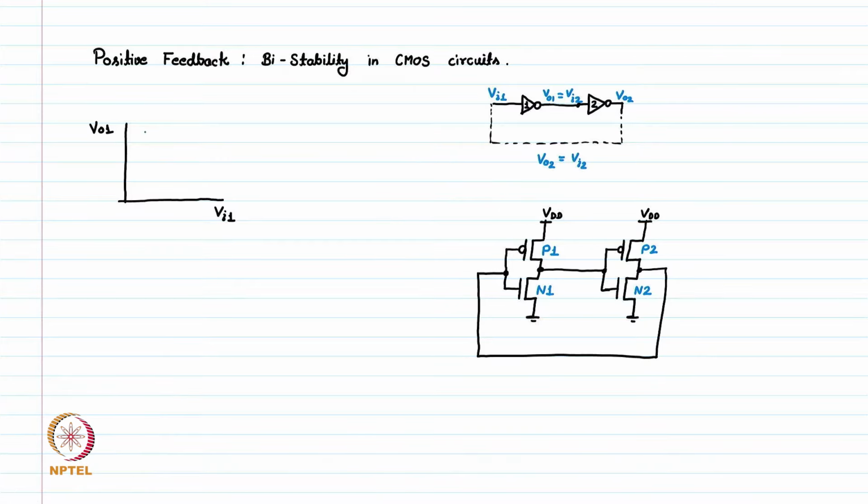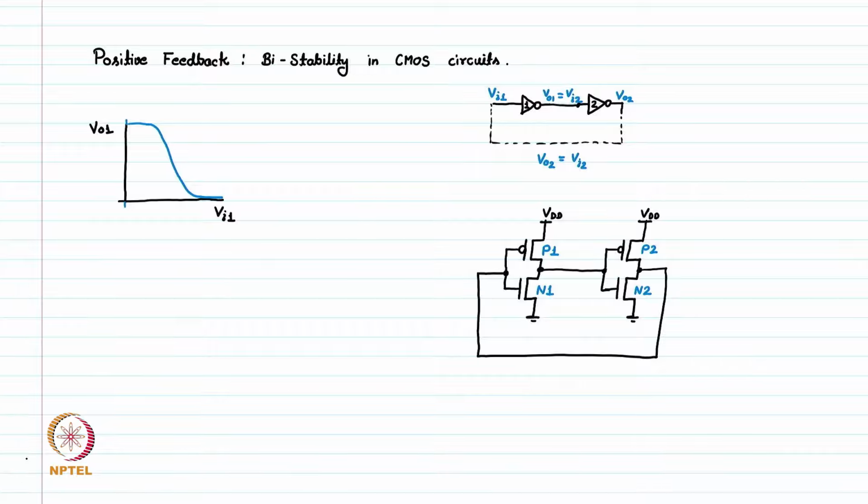It looks something like this. This gradually decreases from high to low. When the input is low, the output is high, and when the input is high, the output is low. So this is the VTC characteristic of the first inverter.